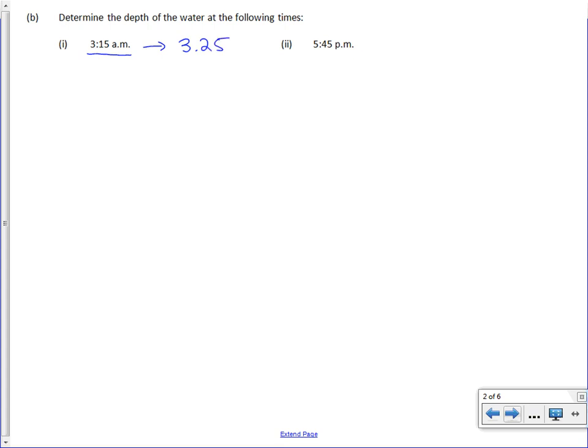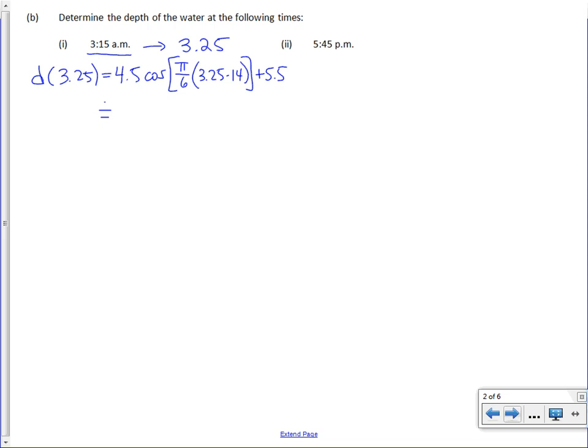You have to turn the minutes into a fraction out of 60, if that makes sense: 15 out of 60, a quarter. So there's my number. So I'm going to do D at 3.25 equals 4.5 cosine square bracket pi over 6 round bracket 3.25 minus 14 plus 5.5. I don't need to see a lot of the substitution step, I just want to see the answer.